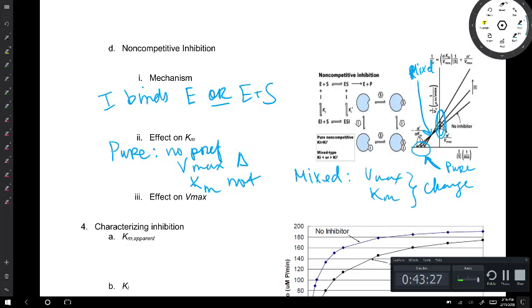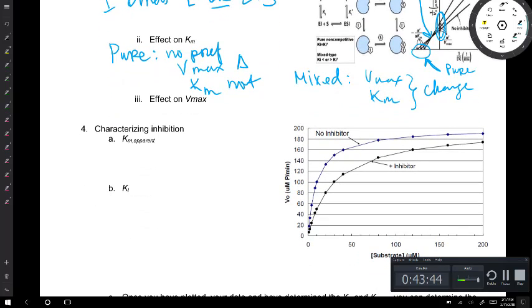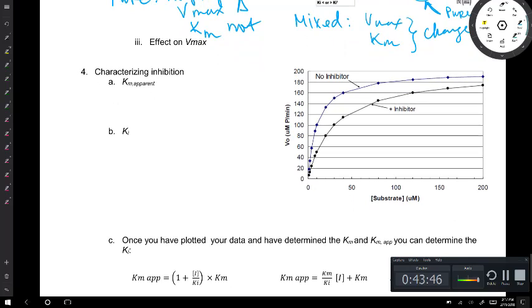x-intercepts for those lines. So I mentioned earlier that referencing the shape of a Lineweaver-Burke plot for inhibition is not enough evidence for selecting an inhibition mechanism. So I wanted to take a minute to look at what inhibition looks like on a substrate saturation curve.